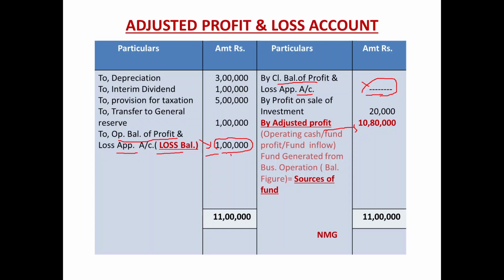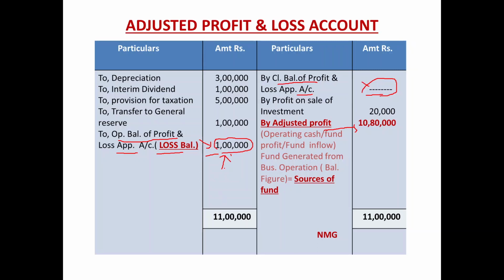So profit of the year 1 lakh, as I explained earlier. Last year the debit balance, loss balance, was rupees 1 lakh. Current year it is nil. So it means in the current year the company must have earned a profit of rupees 1 lakh, and that is why the debit balance, the loss balance of the last year became nil in the current year. So in this adjusted profit and loss account, we have to report the profit of the year, which is rupees 1 lakh, that we have reported this way.